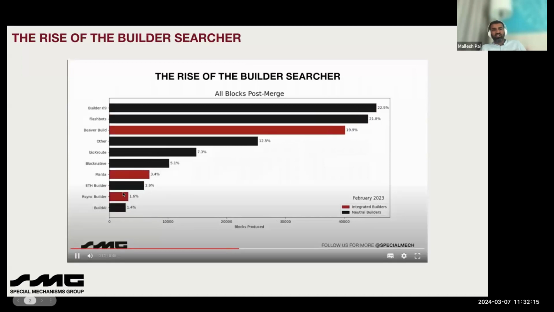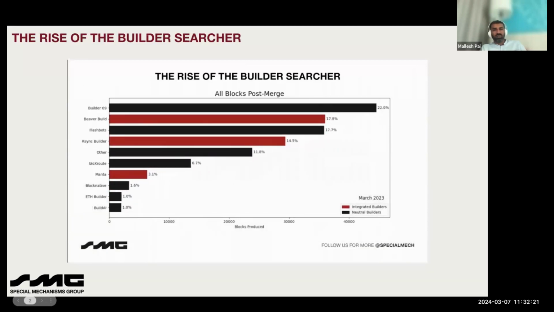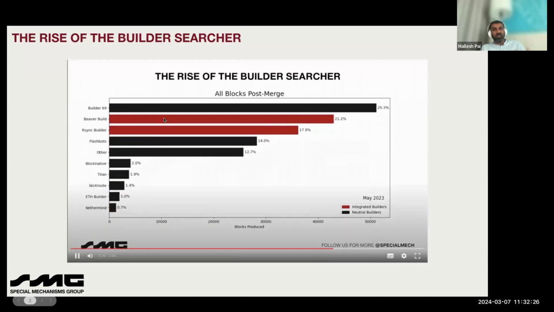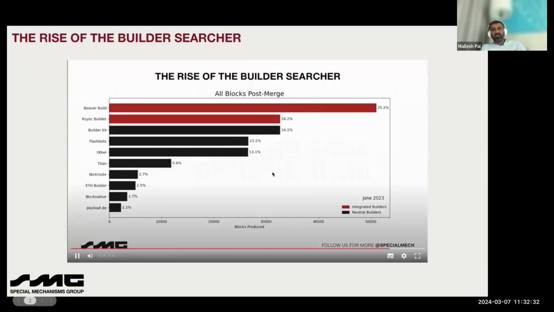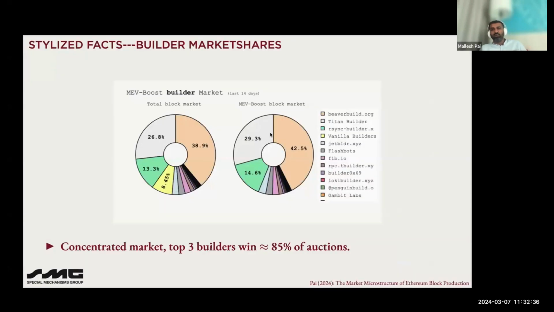Other builders started joining and winning a large fraction of the blocks. Manta and rsync started catching up. Manta, for reasons we'll talk about in a second, shut down and no longer produced blocks, so it started to disappear. But rsync and Beaver continued on their march to dominance. This animation only goes through June 2023, but as you can see, that process has continued. Titan is a relatively new entrant. So this is what's going on.